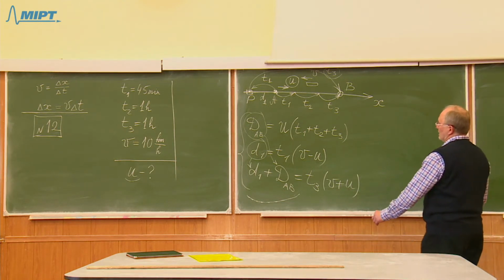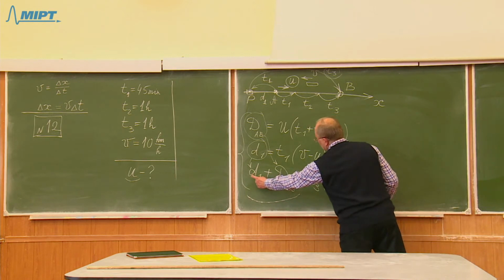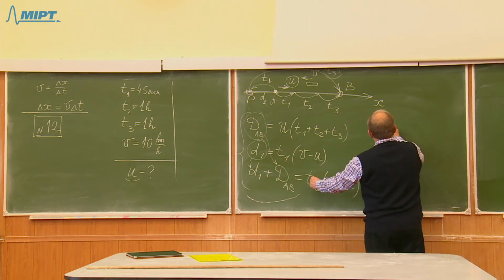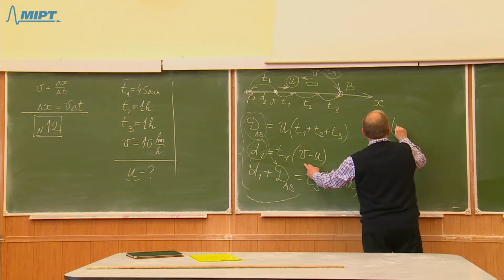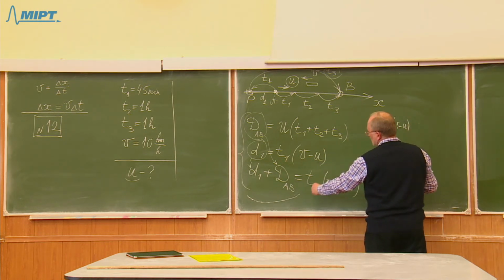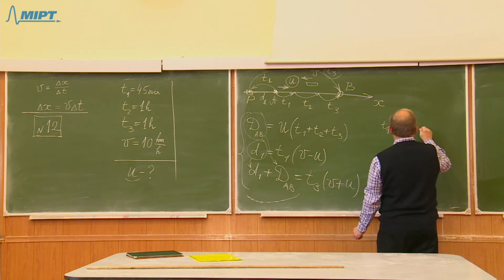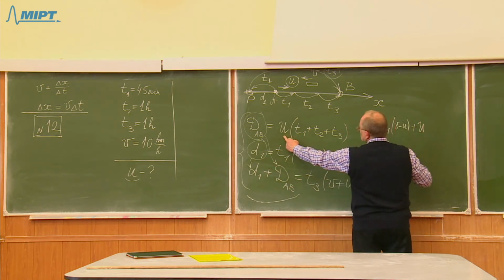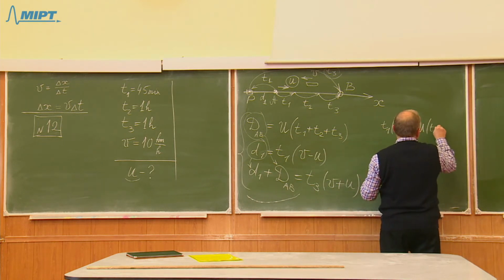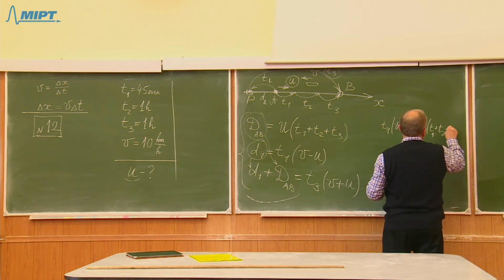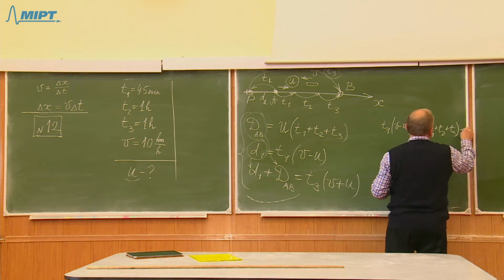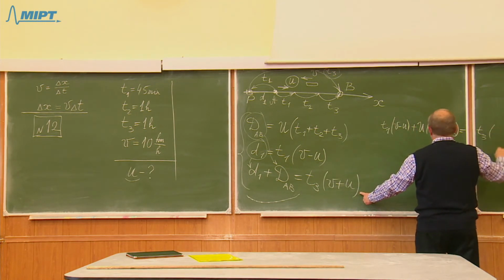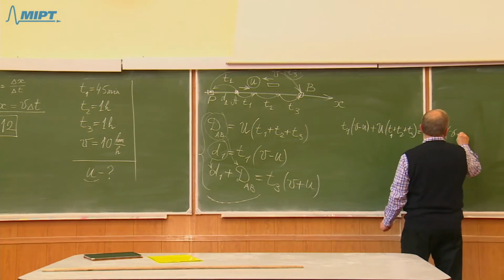let's do it. So first of all, d1 equals t1 times (v minus u), plus capital D, that will be unknown velocity u, times (t1 plus t2 plus t3), equal to this expression, t3 times (v plus u).